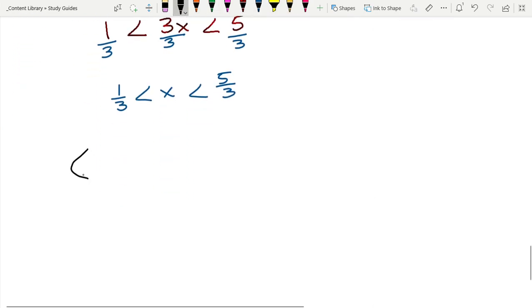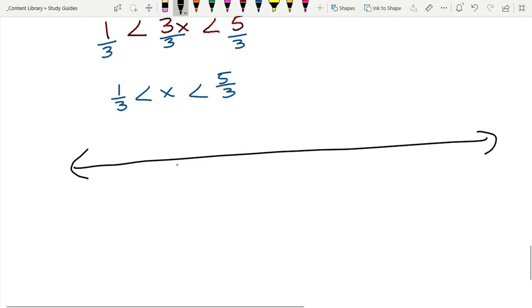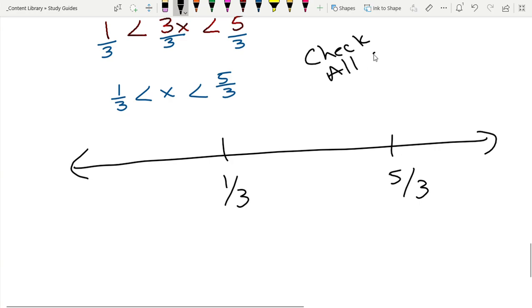So now our graphs, when we make them, are going to have 2 numbers on it. The smallest on the left, the biggest on the right. And what you're going to do is you're going to check all 5 parts. Because you got the left, the middle, the right, and the 2 numbers themselves, which make 5 parts.